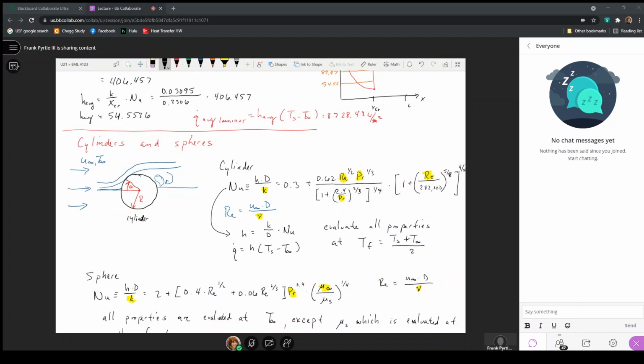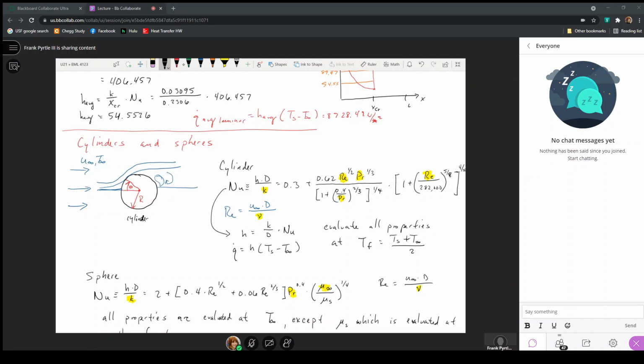And of course, the heat flux can be translated to a heat transfer rate once we multiply the heat flux by the surface area that's actually experiencing that heat transfer by convection. So the heat flux, again, times the surface area is a heat transfer rate. Now, for this particular correlation, all the properties are evaluated at the film temperature.